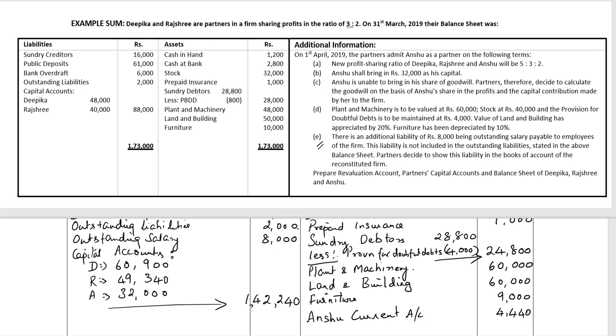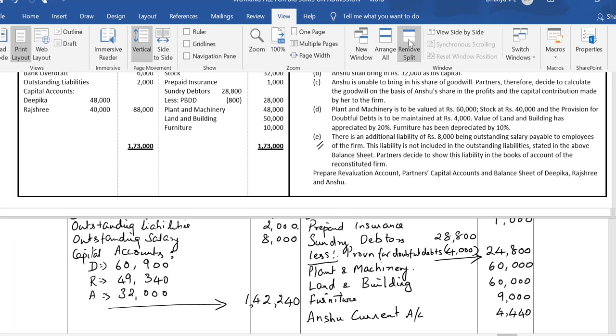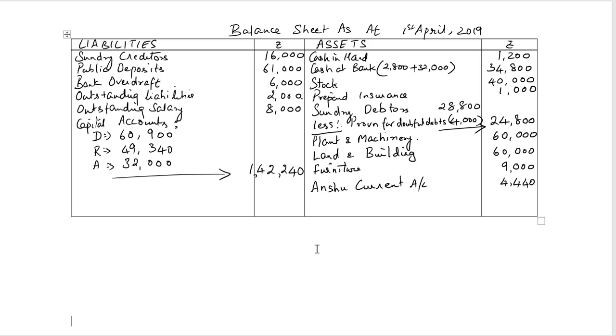I'll remove the split and we'll see if the balance sheet tallies. So this is the balance sheet which is prepared by us. Total of the liability side, 2,35,240 rupees.